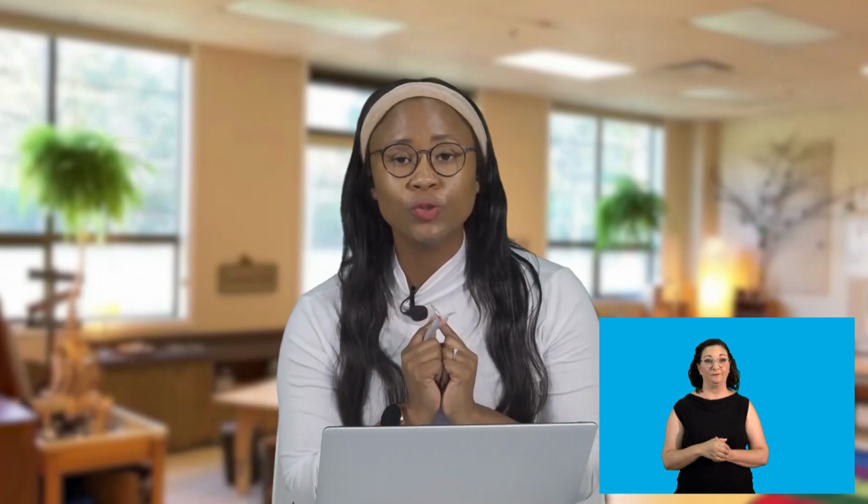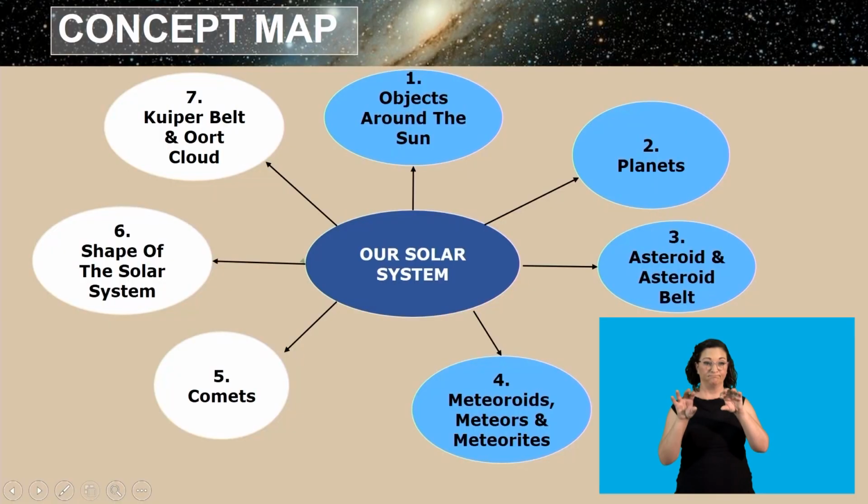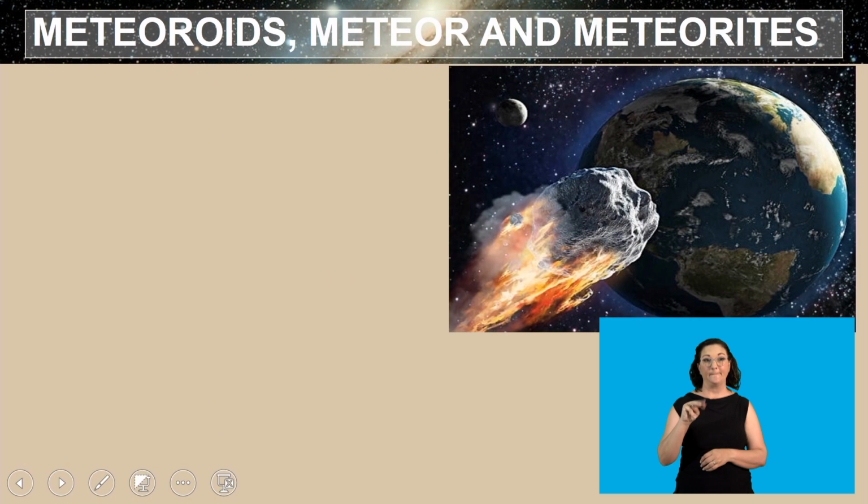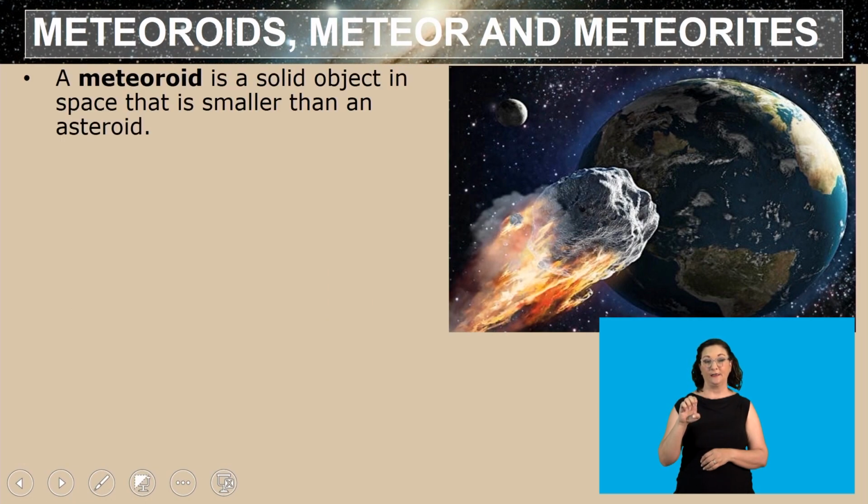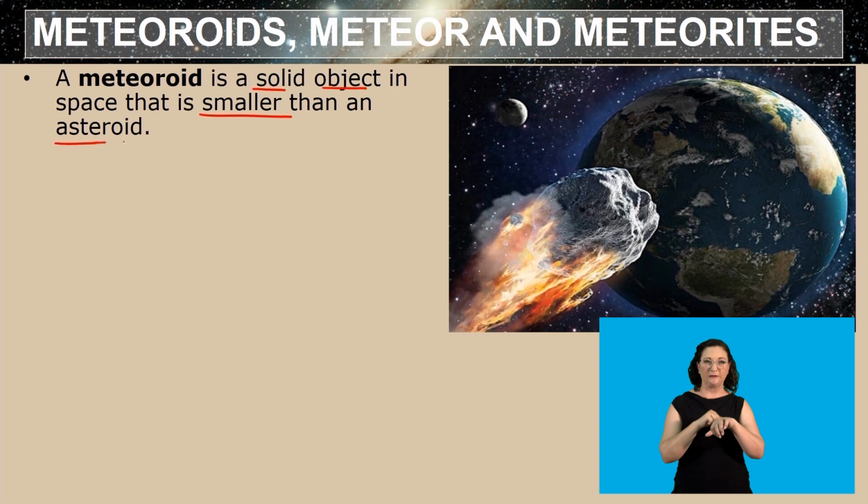We move on to concept number 4, which is the meteoroid, the meteors, as well as the meteorites. All right. Now, what are these three things? The meteoroid is a solid object in space that is smaller than the asteroid. Remember, the asteroids are rocky, made of small materials from terrestrial planets, but we cannot refer to them as planets because they are very small.